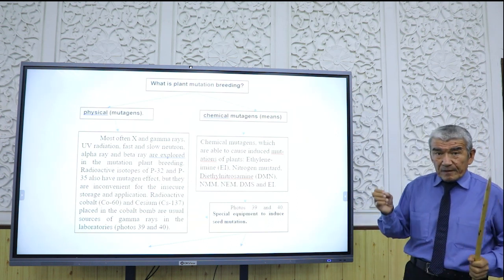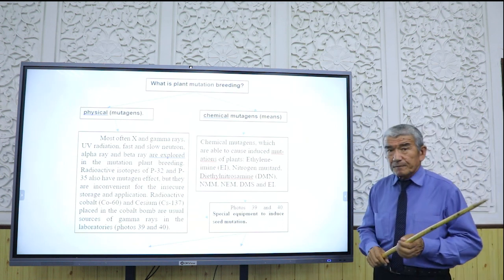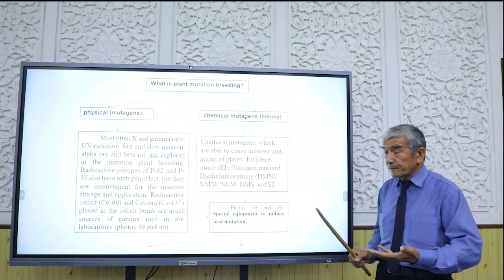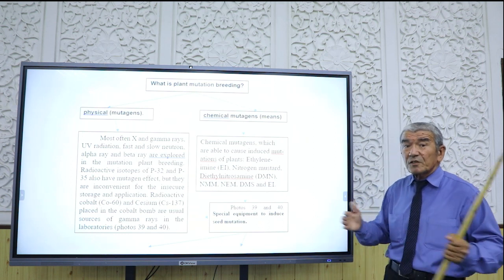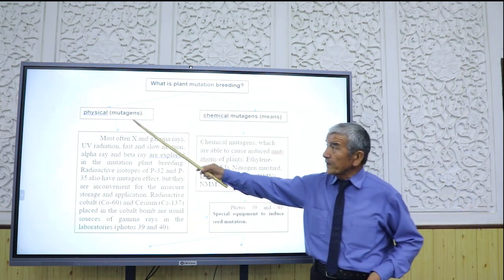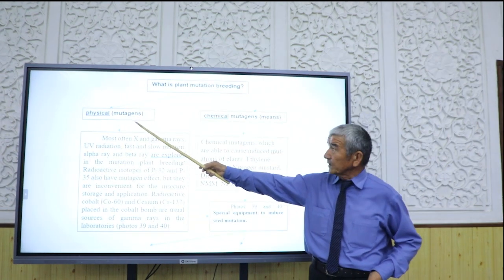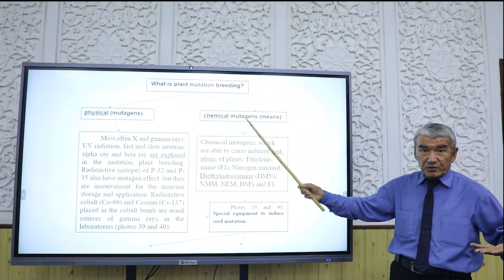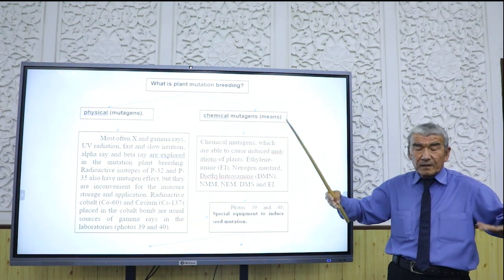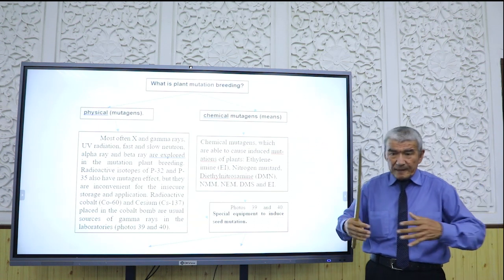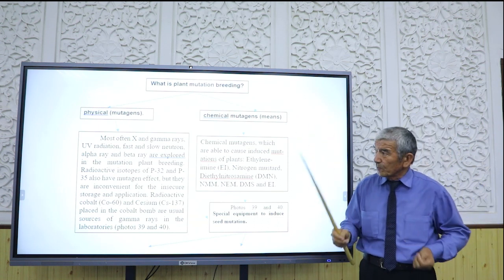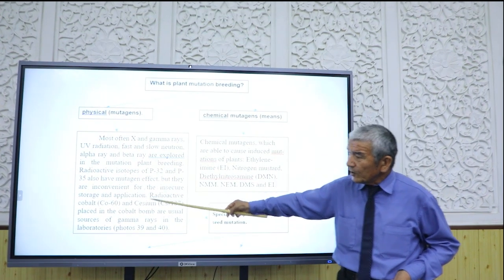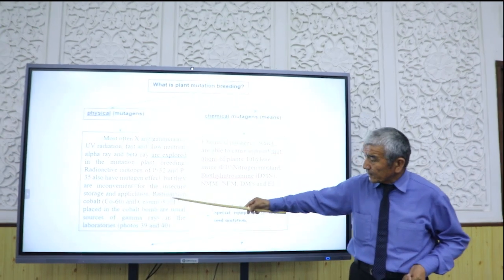Two factors may cause these changes in the cell, in chromosome numbers or in the chromosomes themselves. The first factor is physical, and the second is chemical. Mutation is a sudden change of the organism through the changing of cell chromosomes.